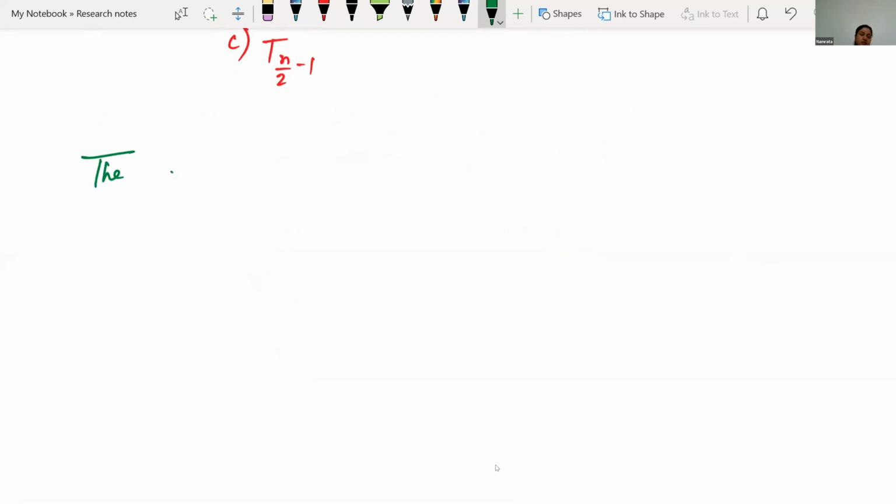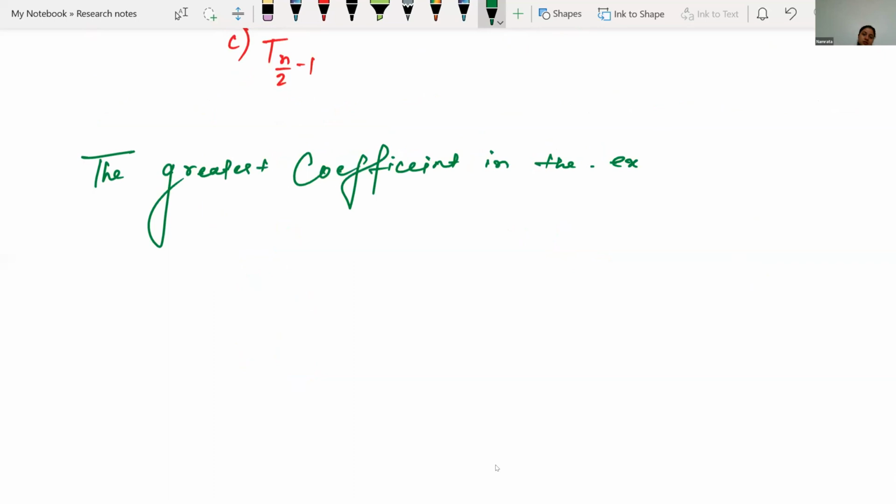The greatest coefficient, which we did just now, in the expansion of (1 + x)^2n is 2nCn minus 1.